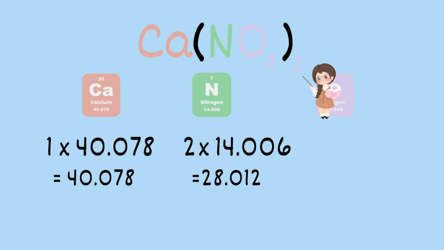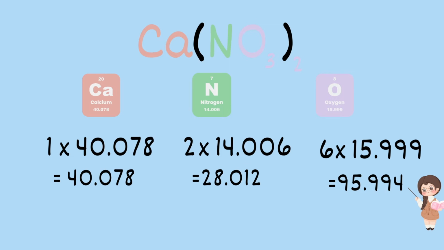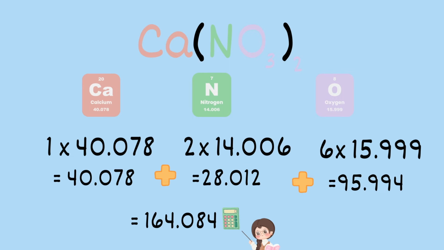Lastly, oxygen has 6, so we're going to multiply 6 times 15.999, and we're going to get 95.994. We add these all together and get a total molecular mass of 165.084 on our calculators. This is the correct number of sig figs, so we're going to leave the number at that.